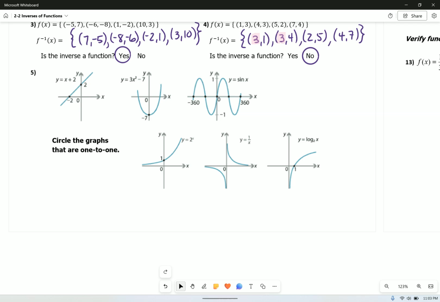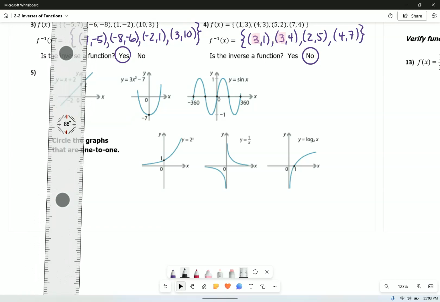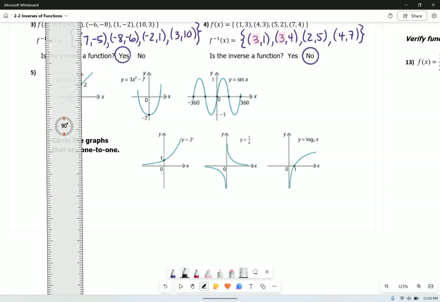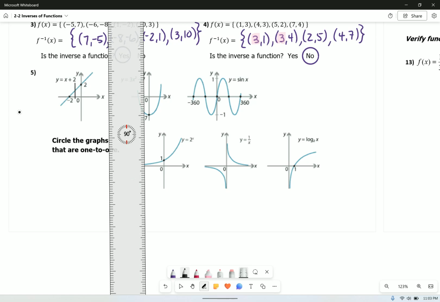Okay, so let's see what you did. So if you used the vertical line test, you would have told me that every single one of these is a function, because if I were to draw a vertical line test on any of these graphs, it would have touched only one time, right?